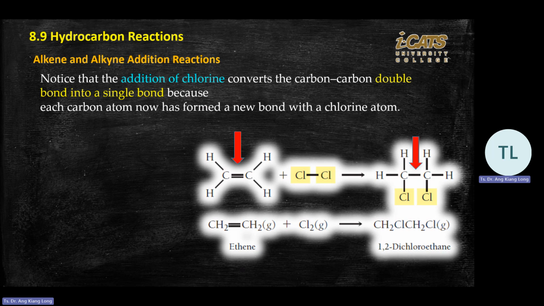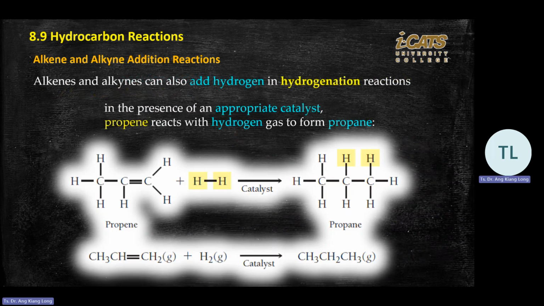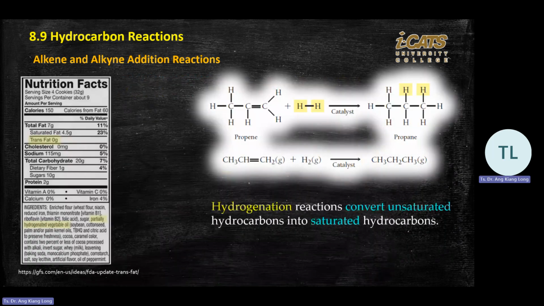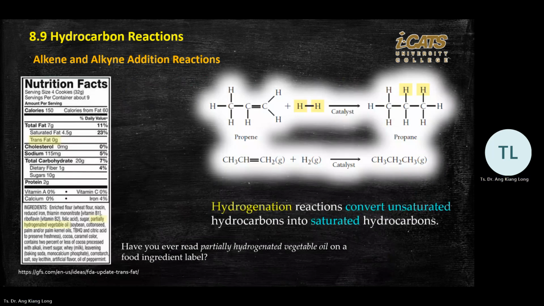So you break away this double bond, carbon has one more parking space to park the two chlorine, for example. The rest of it is just additional info for you.